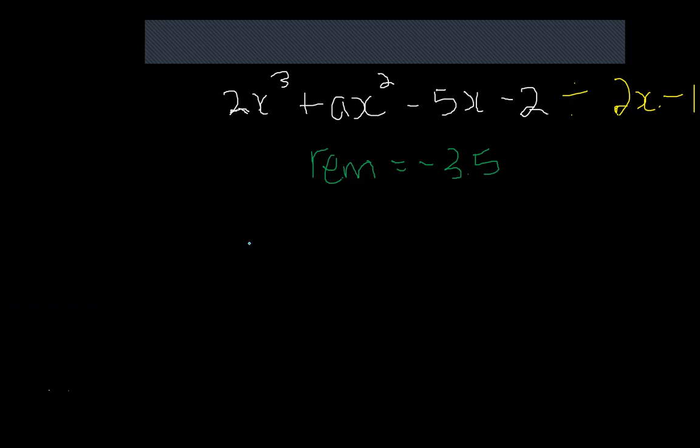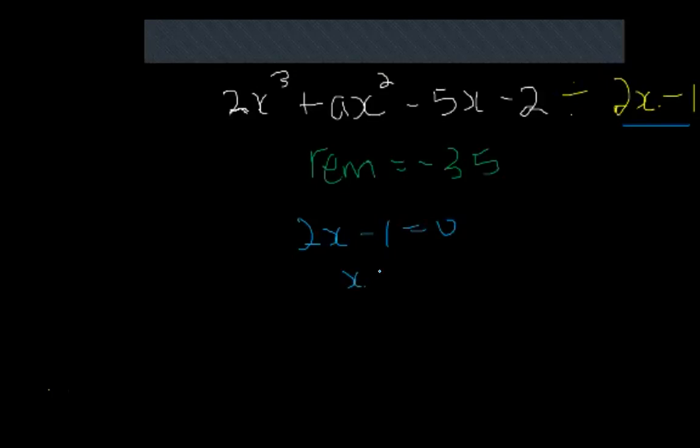Remember the first step: put the divisor equal to 0 and solve for the value of x. So 2x minus 1 is equal to 0. Therefore, x is equal to a half. That's my first step when doing the remainder theorem.